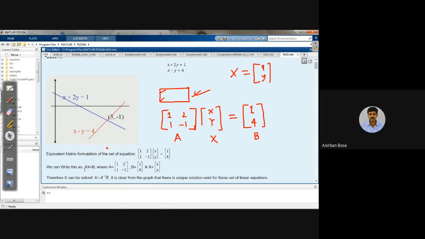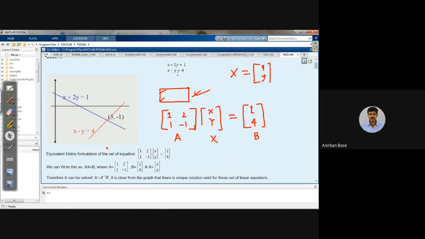So it is of the form Ax equal to B. So this set of linear algebraic equations we can write in this form. If a unique solution exists, then X can be easily solved as X is equal to A inverse B. But the question is whether the unique solution exists or not, that we have to judge.